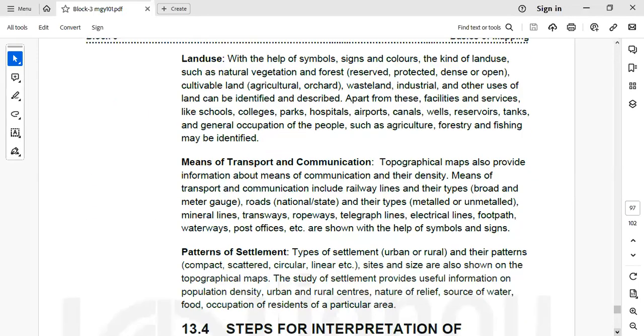And the cultural features are land use, means of transport and communications, and different types of settlements.